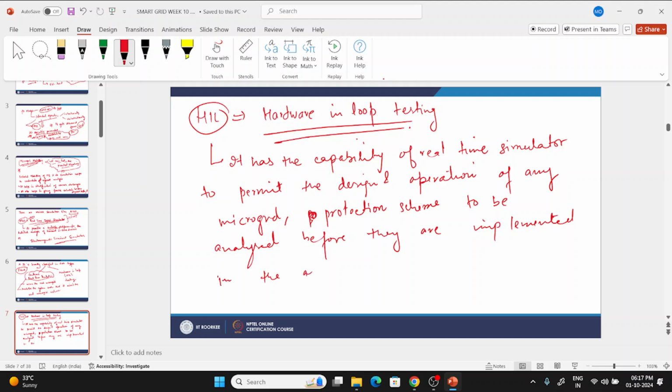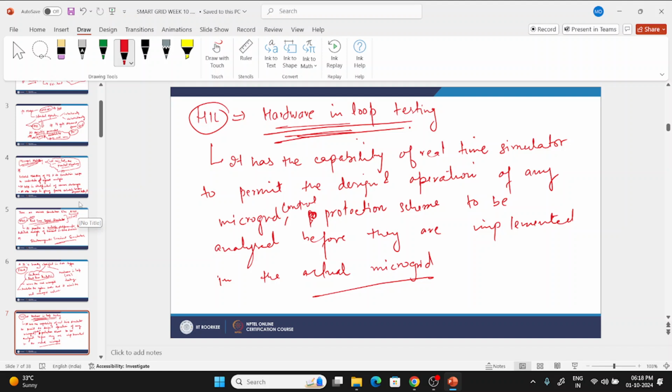So what does HIL do? Say we develop a technique for any microgrid. Now we want to test whether it is realistic, whether it is reliable, and whether it is doing the work which we are trying to achieve, or not. So hardware in loop will give that platform for that technique, so that the design and operation of any microgrid control which you are trying to achieve can be implemented on that HIL before actual implementation.